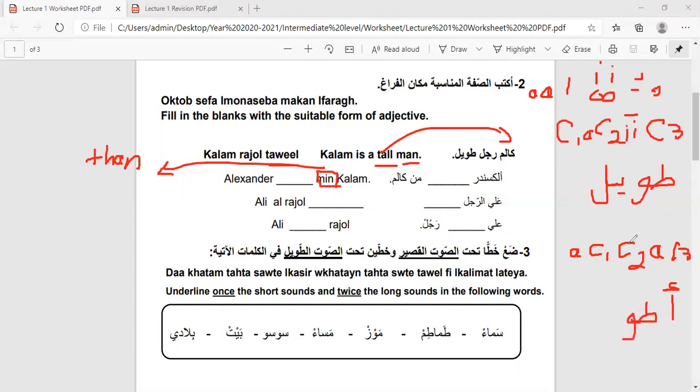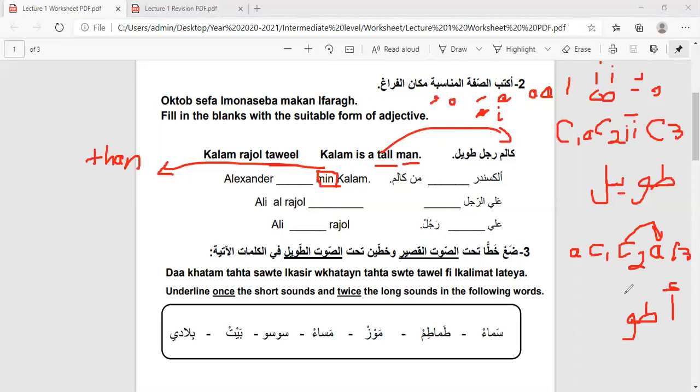So this is C2 and 1A. 1A is fatha, 1I is kasra, and 1O is damma.